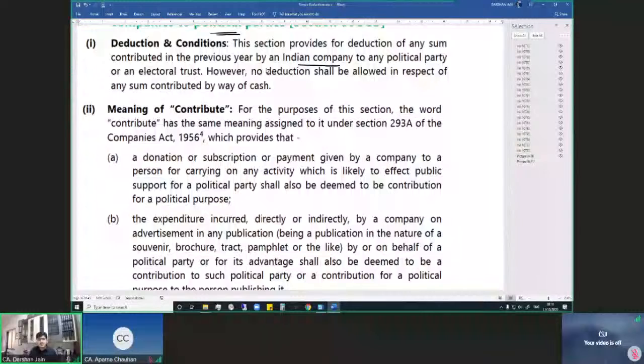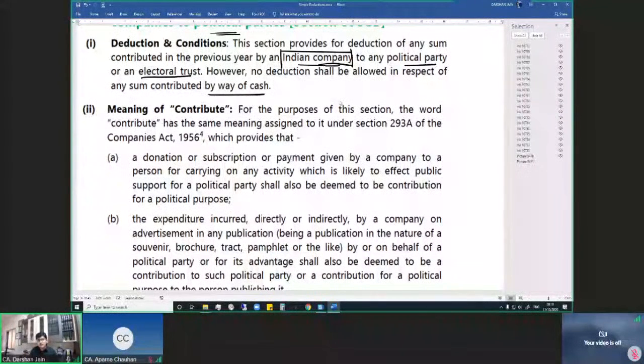Whatever contribution is made by an Indian company to any political party or an electoral trust, so either you make a payment to an electoral trust or a political party, and if the assessee is an Indian company, so only an Indian company can claim deduction in respect of contribution made by it to a political party or electoral trust, provided no such contribution is made by way of cash.